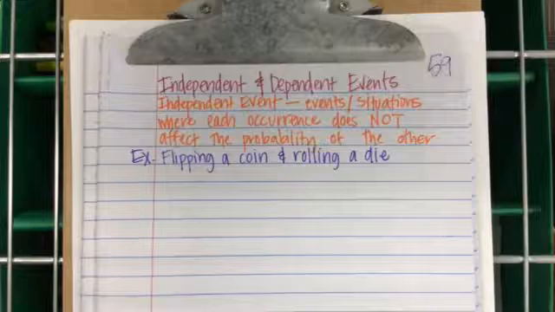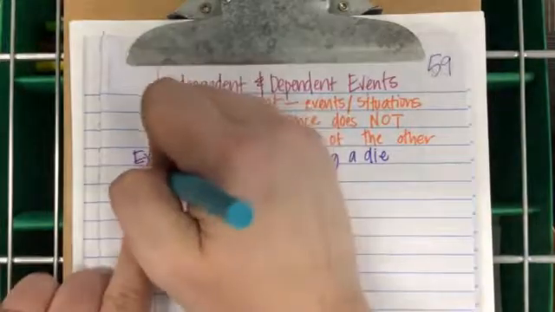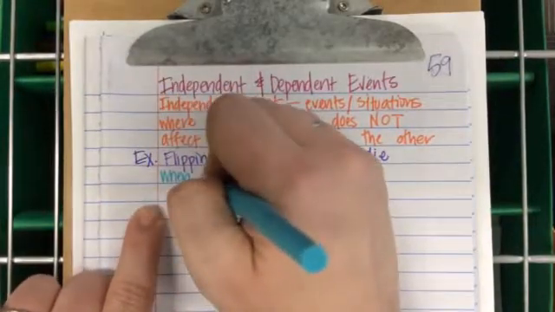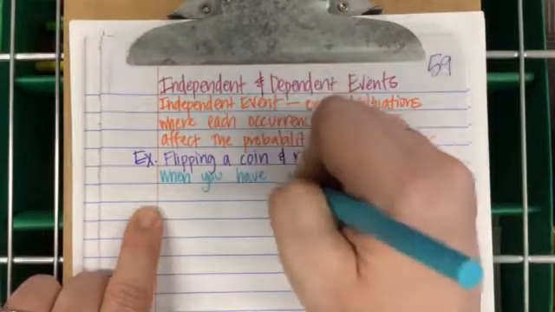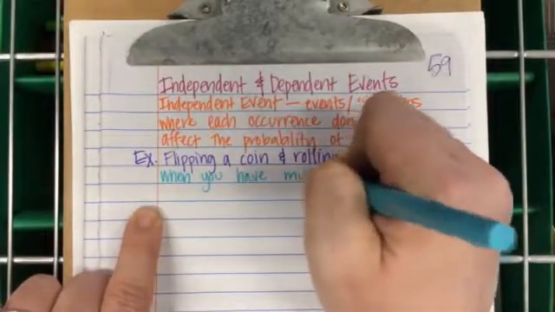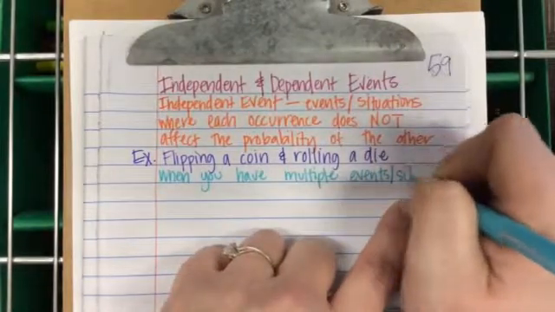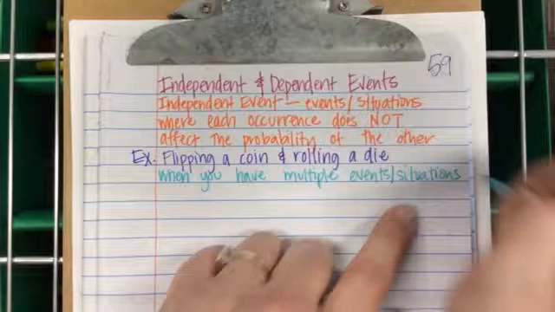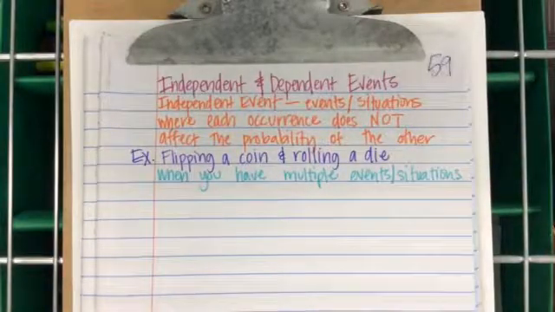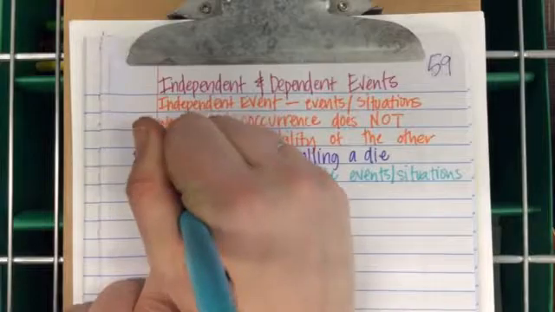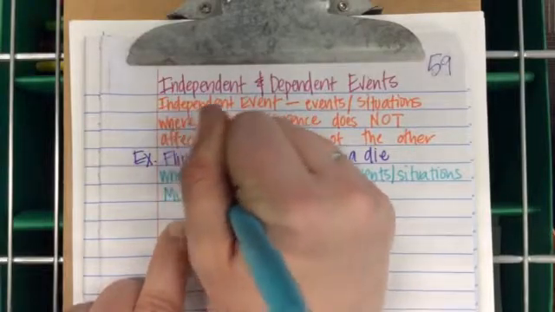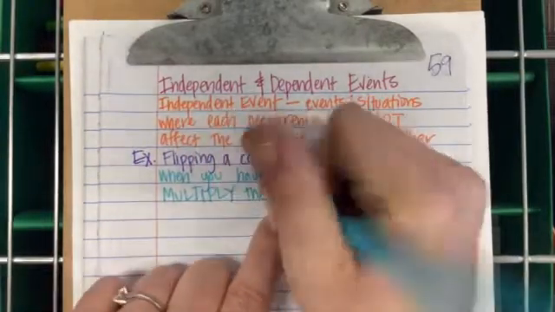So, when you have multiple events or situations, when there are multiple things happening, not just one, but more than one, multiply the probabilities.